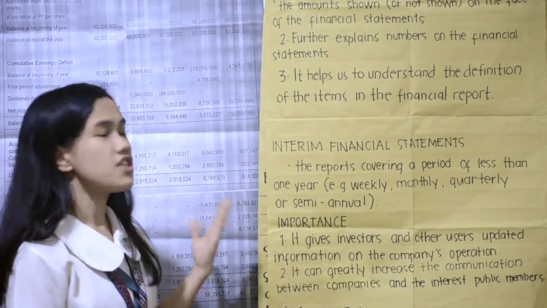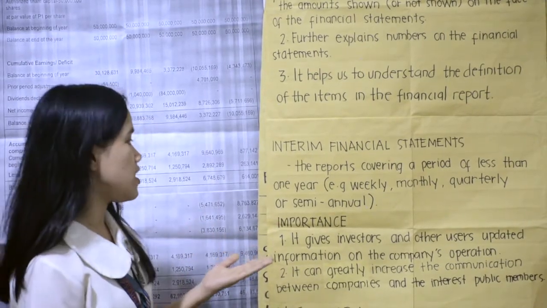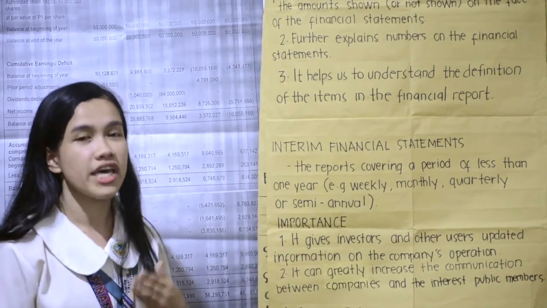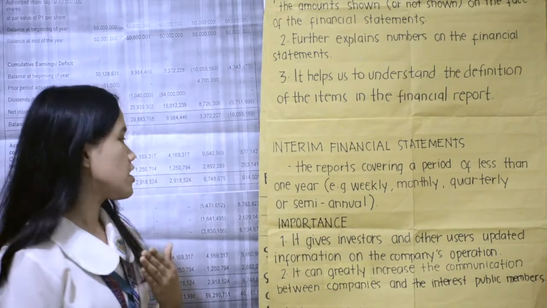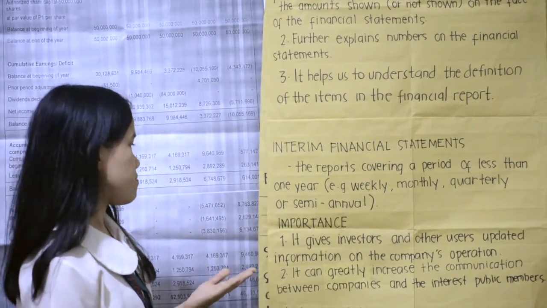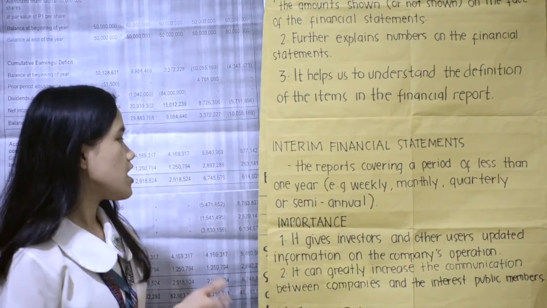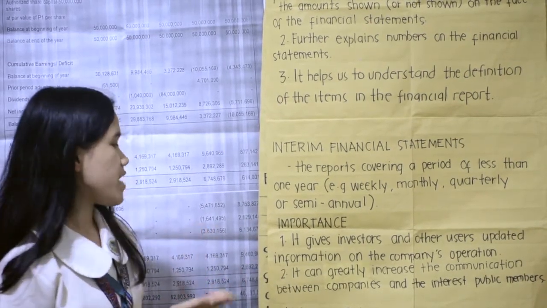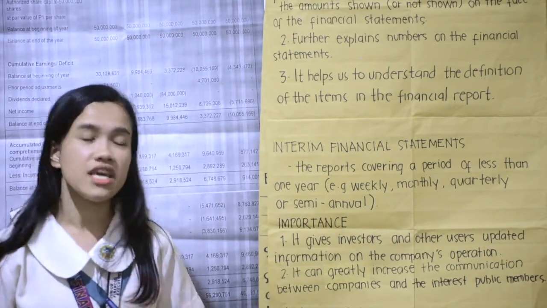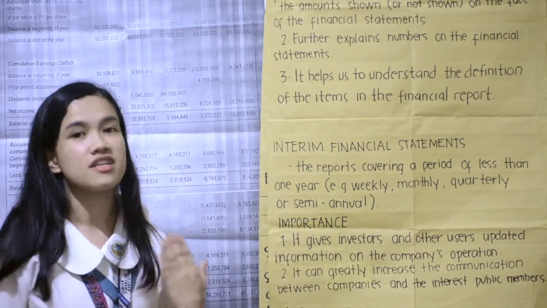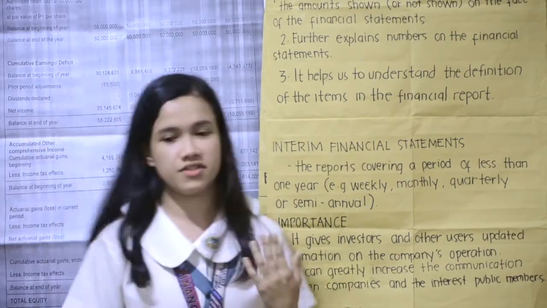By looking at the interim FS, the users of accounting information can take a look at more detailed information. Then the second, this is a big advantage of the interim FS because it can greatly increase the communication between companies and interested public members.